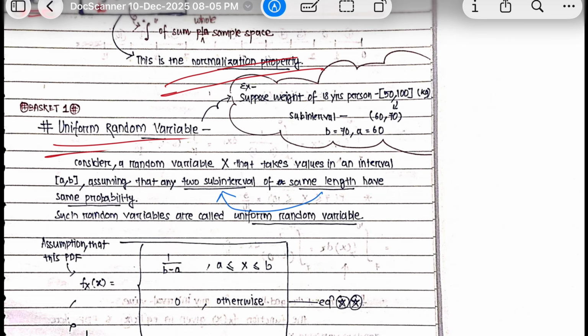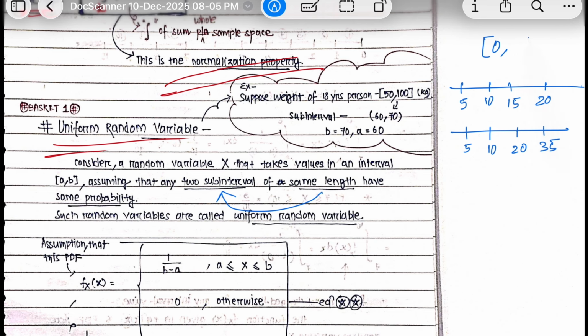Suppose you have numbers 5, 10, 15, 20 and your interval is between 0 and 40.